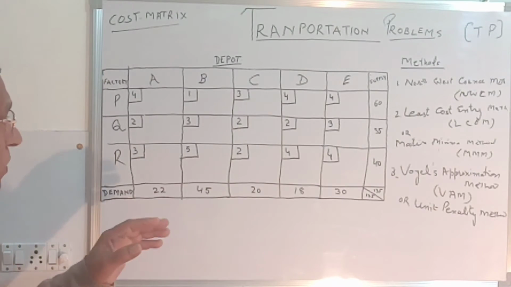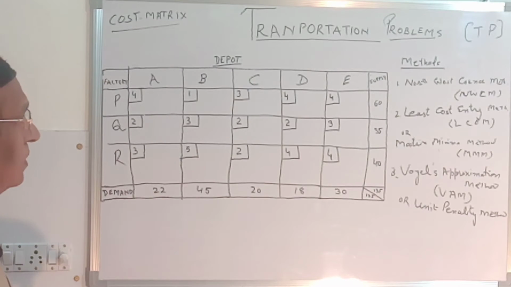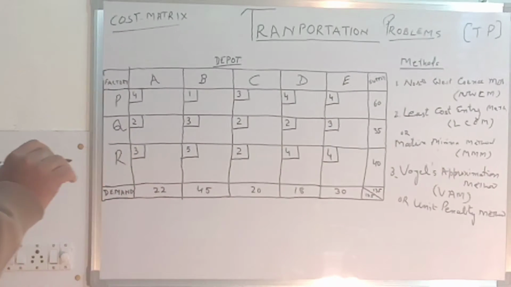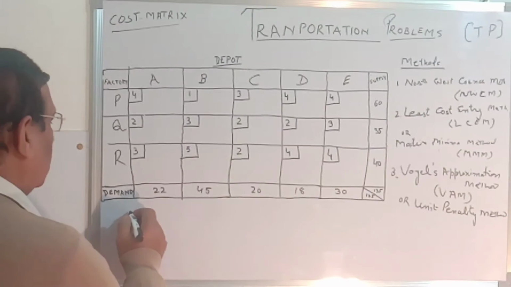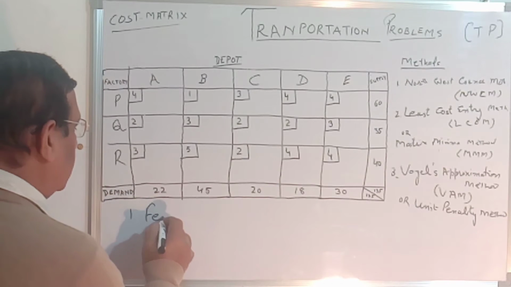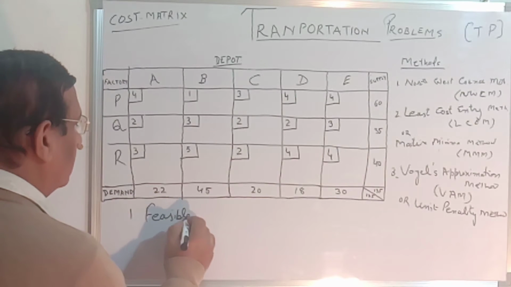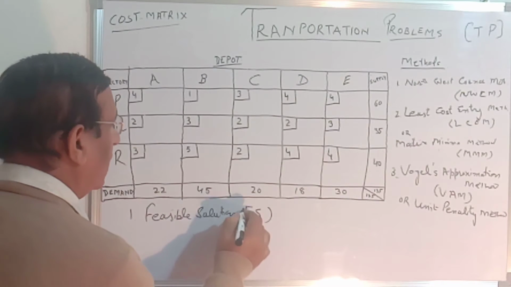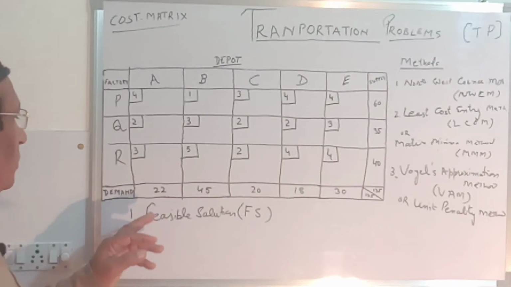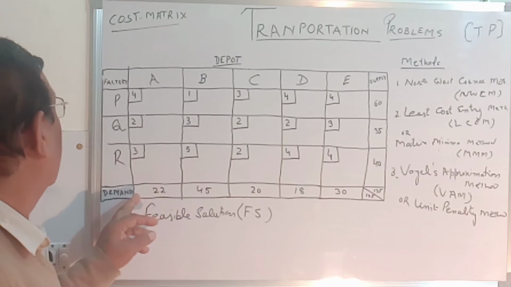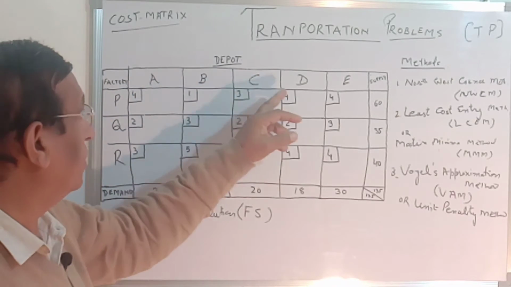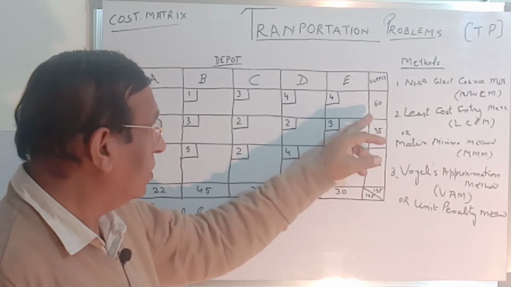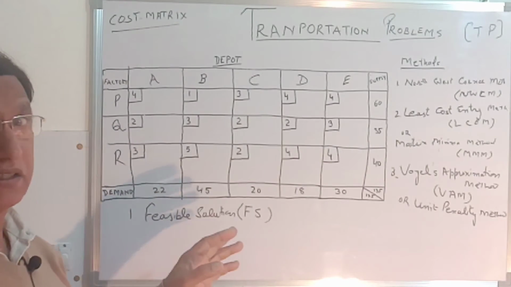Secondly, before going to solve the given numerical, let us understand what a solution in the transportation problem is. One solution is known as a feasible solution, FS. We are to satisfy demands at all the depots, and we are to consume all the supply at various factories.